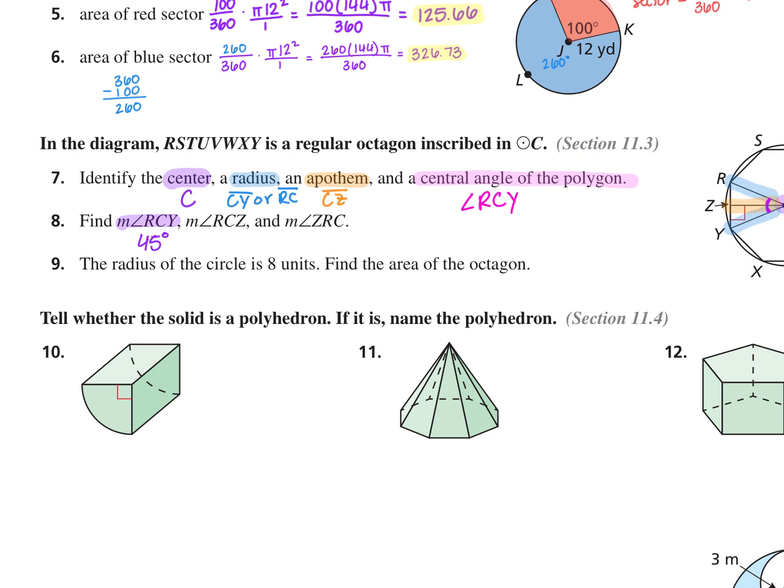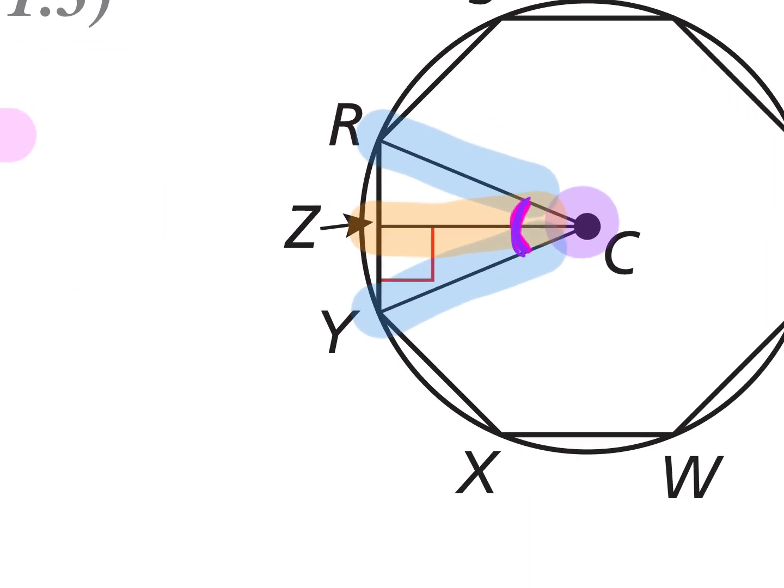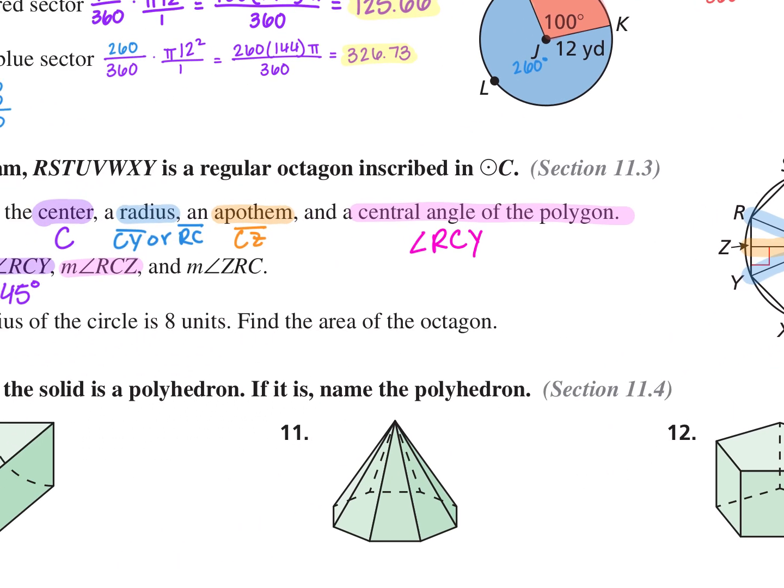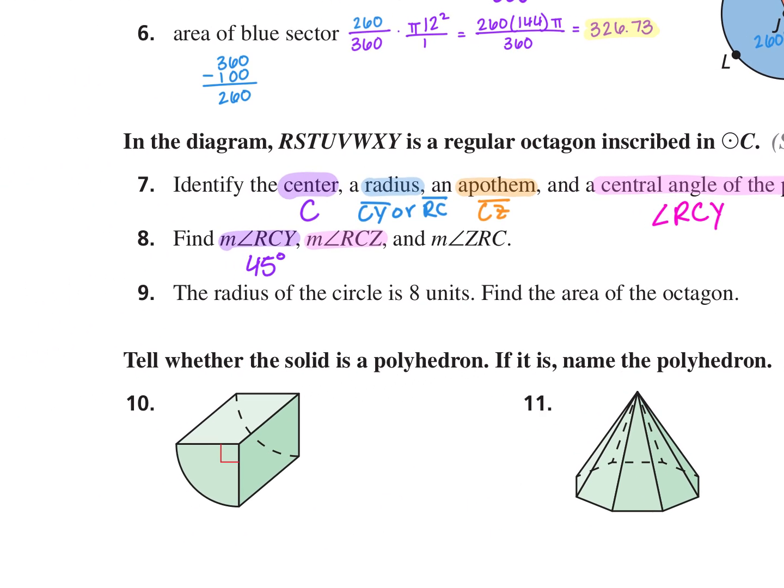Looking at the next one, the measure of angle RCZ. RCZ is right here. Finding that measure, I have to divide 45 in half. If you divide it correctly, it's going to be 22.5 degrees. And then the last one is finding the measure of ZRC.